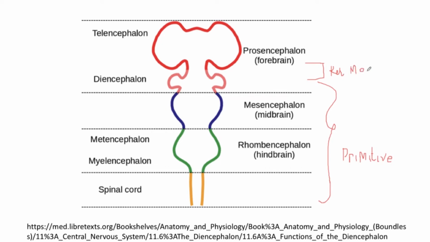And there is some part which is very modern. So this is the part which is very modern. So we can just call it a very modern part of the brain.